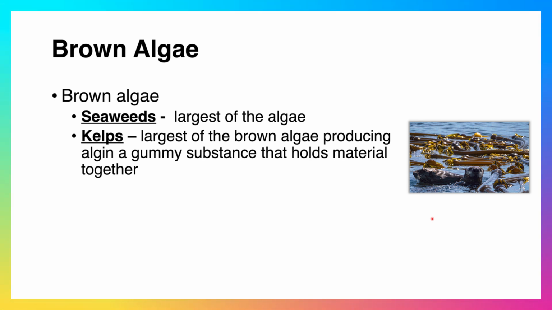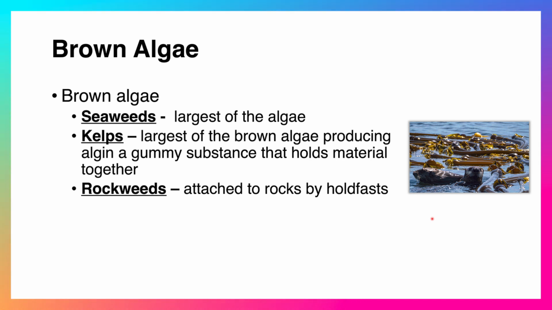It's harvested and it's used to hold various foodstuffs together or give it substance. Rockweeds are algae or seaweed that is attached to rocks. And it's attached to rocks by a small organelle called a holdfast. And then those that grow in the Gulfs, like the Gulf of Mexico or Gulf of America now, are called Gulf weeds.